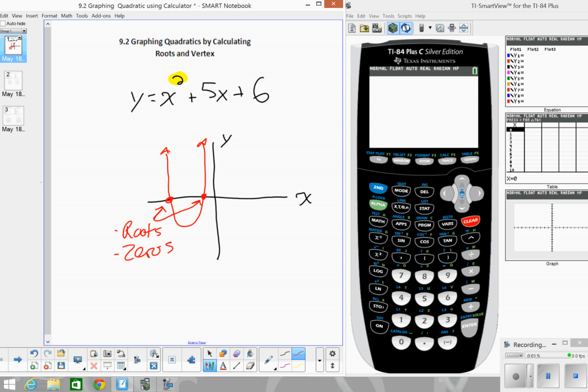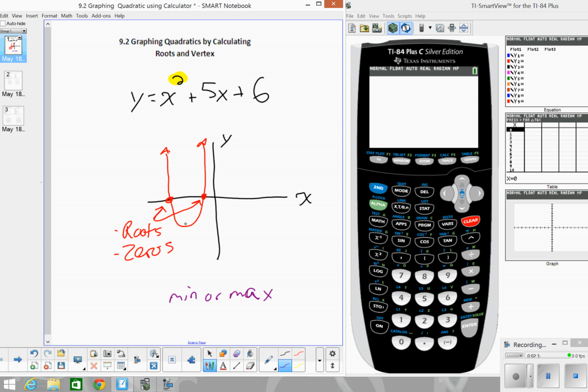Also, we are going to be talking today about the vertex. On our graphs, the vertex is either going to be a minimum or maximum point. So what does that mean?